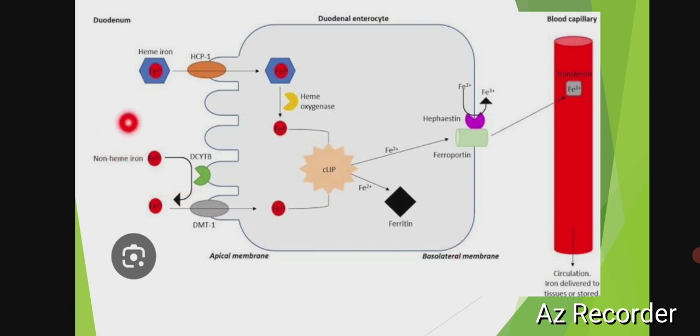But non-heme iron is in Fe+3 form, which is converted into Fe+2 by DCYTB, and then divalent metal transporter 1 transfers it into the duodenal enterocyte, and then in the enterocyte it is converted into ferritin, the storage form of iron, or Fe+2 goes into the circulation via transferrin and reaches the tissue or is stored in the liver.